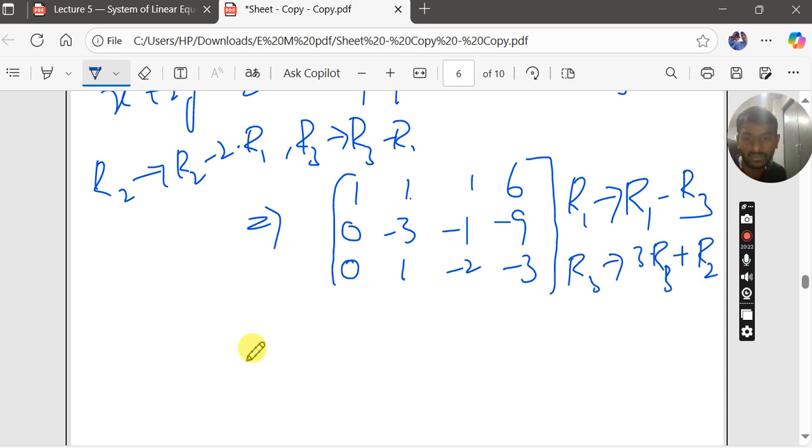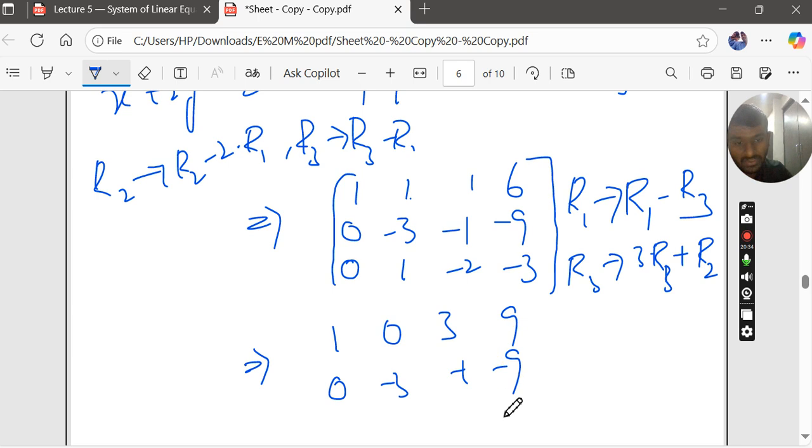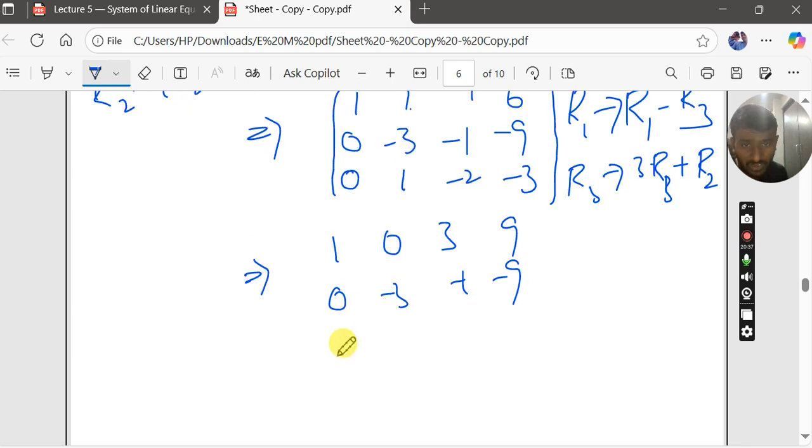So what will happen? 1 0, and here 3 and here 9. Similarly 0 minus 3 minus 1 minus 9 will be the same, and here 0 0 and here it will be minus 7 and minus 18.